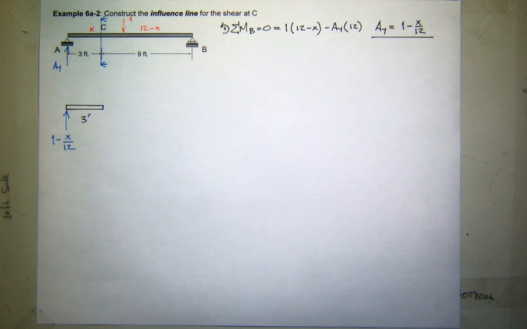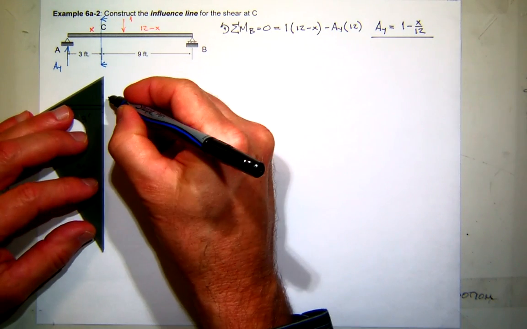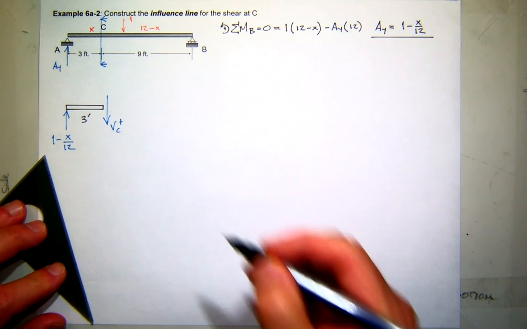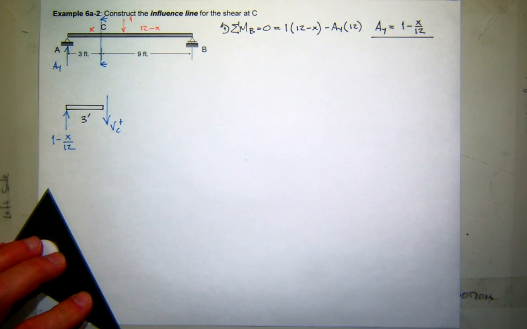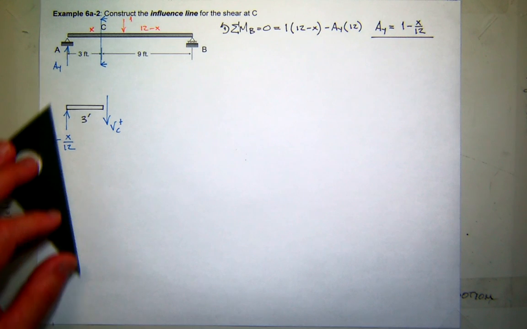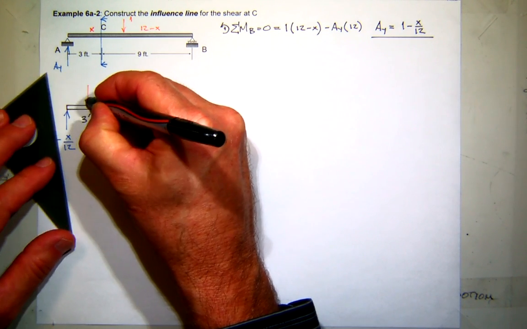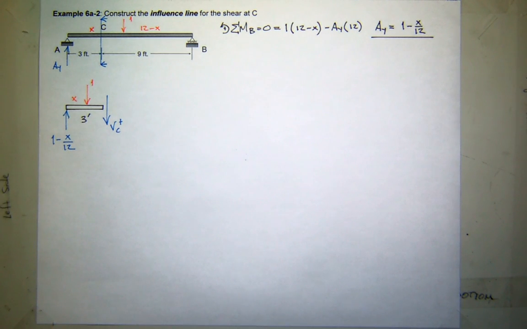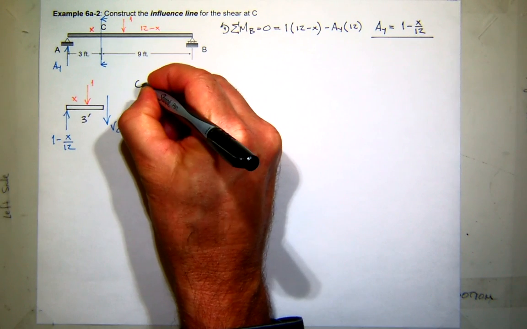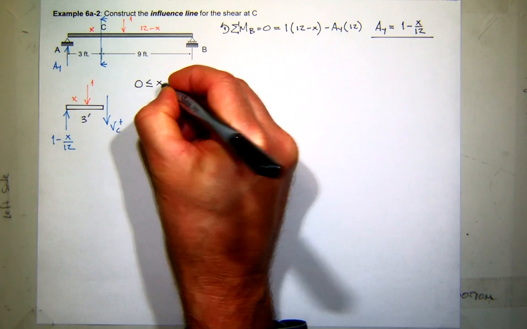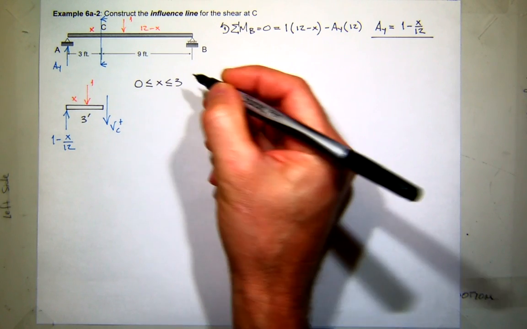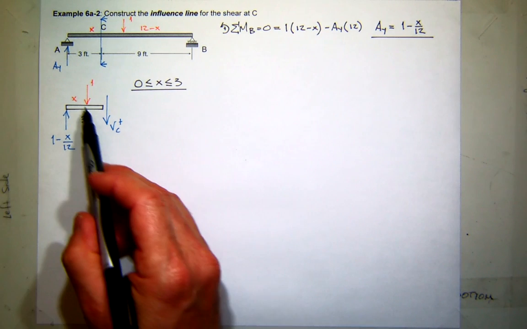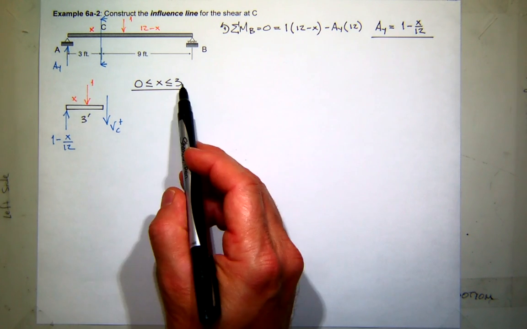And I'm looking for shear at C. So here's my positive shear at C. And now the unit load, if it's here at some distance x, this will be the case where my unit load is somewhere between 0 and 3. So my unit load can be anywhere it wants between 0 and 3.